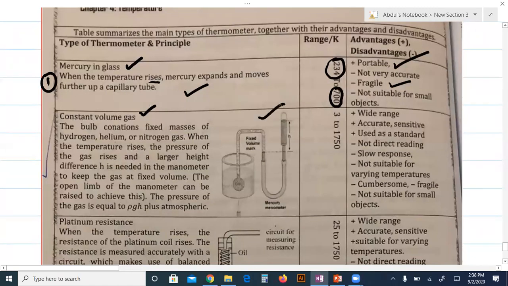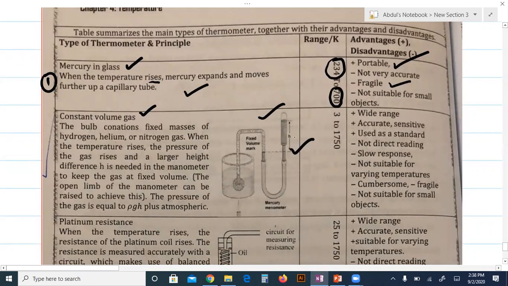So this is the shape. The bulb contains fixed masses of hydrogen, helium, nitrogen gases. When temperature rises, the pressure of the gas rises, and a larger height difference h is needed in the manometer. This manometer keeps the gas at a fixed volume.